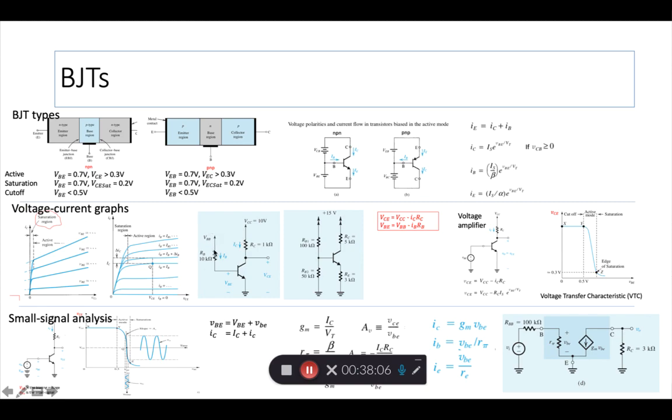Sometimes there's only one resistor, sometimes there's two resistors, sometimes this base voltage VBB is different from VCC, sometimes VB or the base is also connected to the same voltage as the VCC. So many options exist.